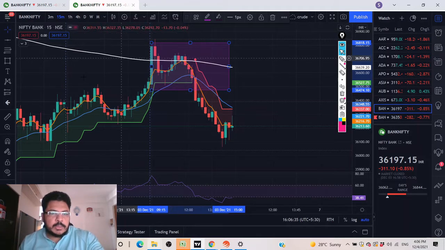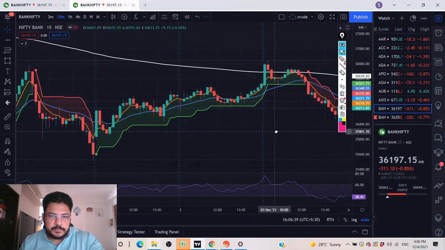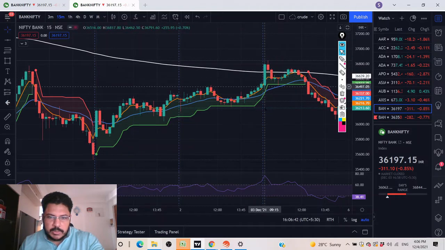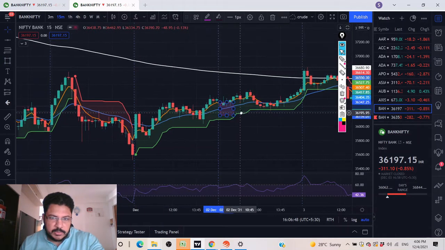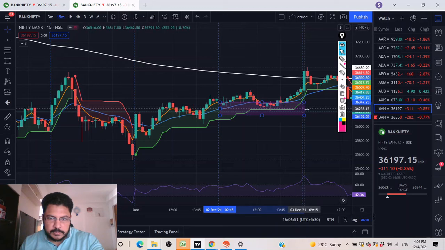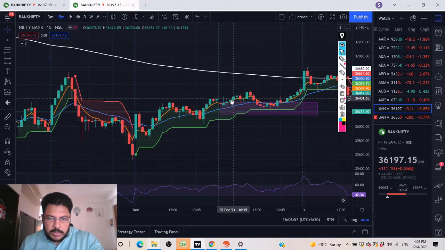Okay, so let's see how it is on a previous day. So this was 3rd December and this is again 15th December, first 15 minutes range. This was pretty clear. The candle closed above the range and then the stock moved really nicely.